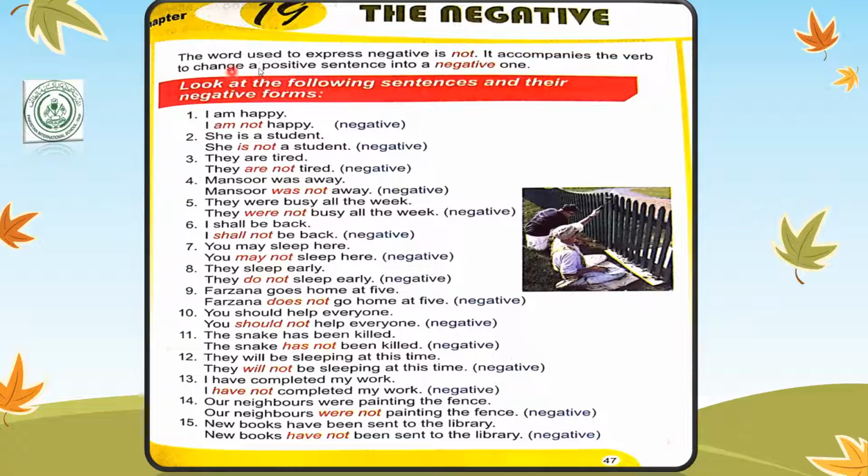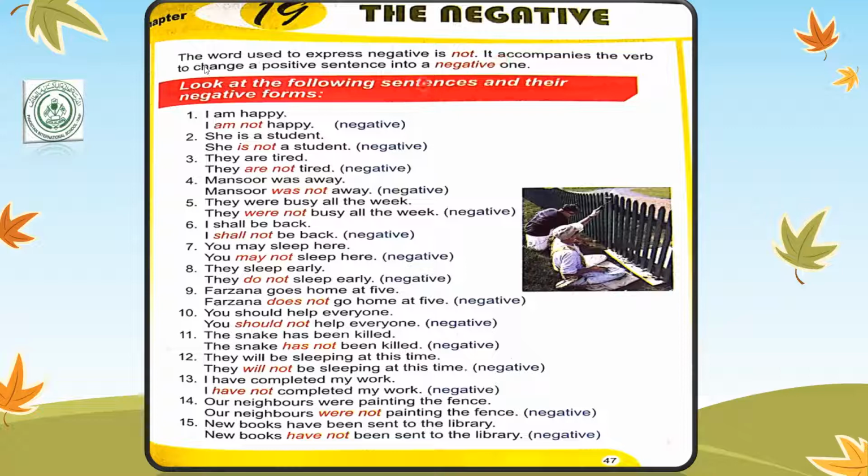See, the word used to express negative is not. Which word is used to express a negative? That is not, N-O-T. It means a thing which you don't want to do or don't want to complete; you have to use the word not.